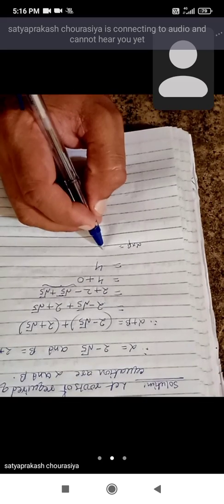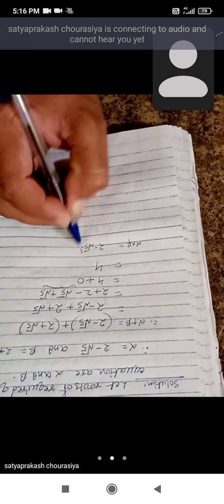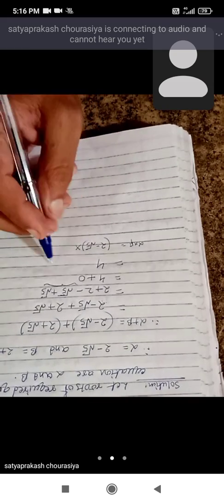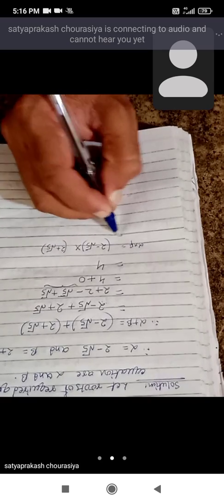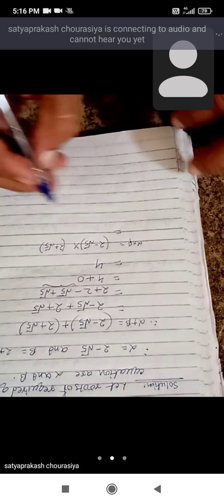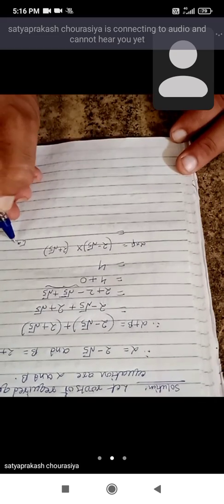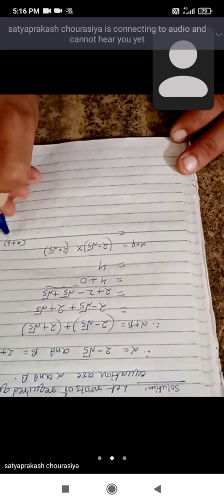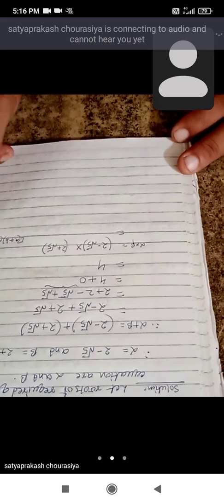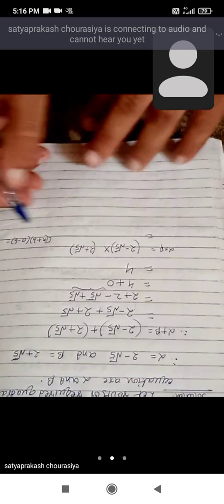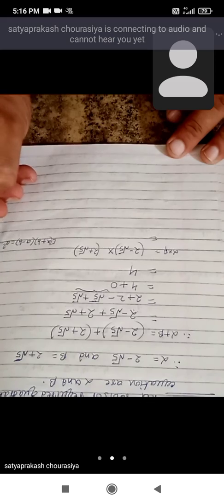Now the alpha value is taken as 2 minus under root 5 and the beta value is taken as 2 plus under root 5. When you observe carefully, you will find that the two brackets are in the form of the identity a plus b into a minus b is equal to a square minus b square.